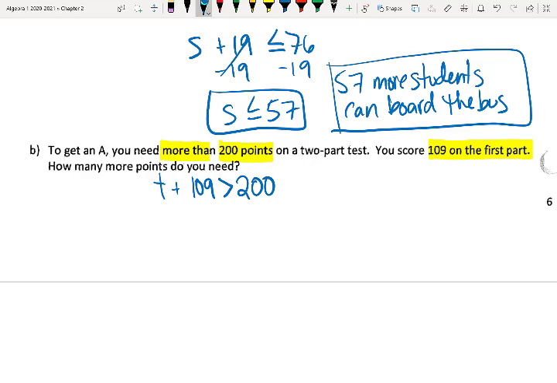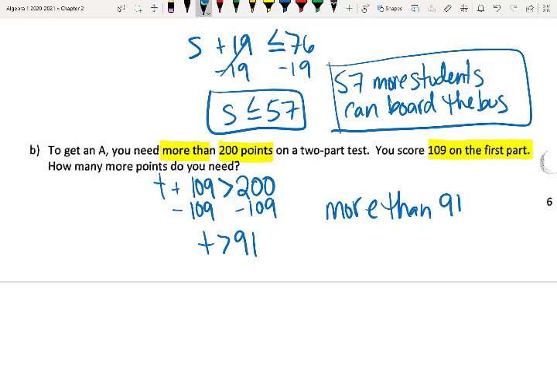The second part of my test, plus 109, has to be greater than 200 in order to get an A. So to solve that, we're just going to subtract 109, and we get that we need to score higher than a 91%. Or sorry, a 91 point score. It is not percentages here. So we need more than 91 points.